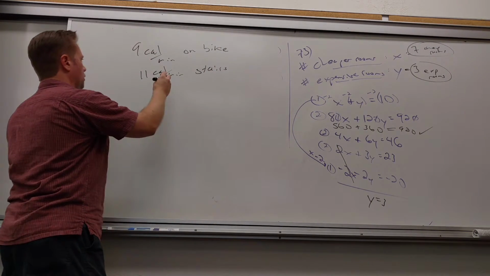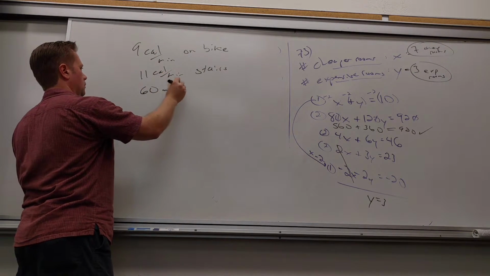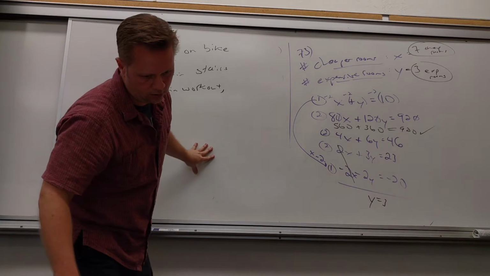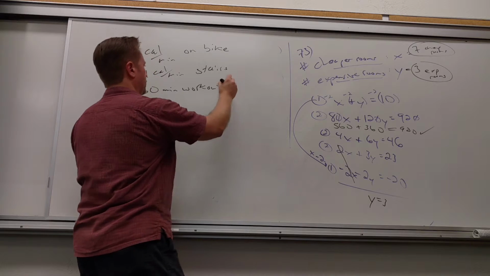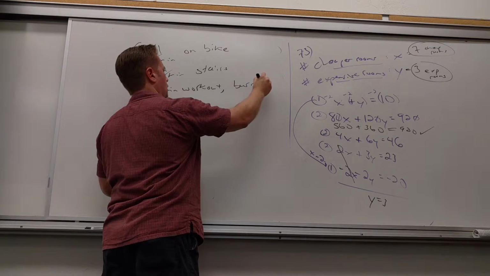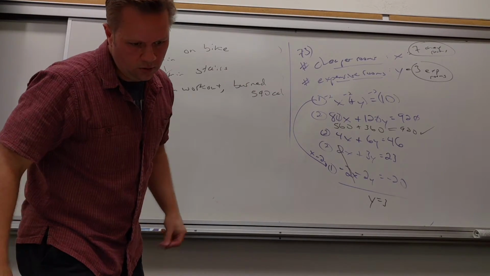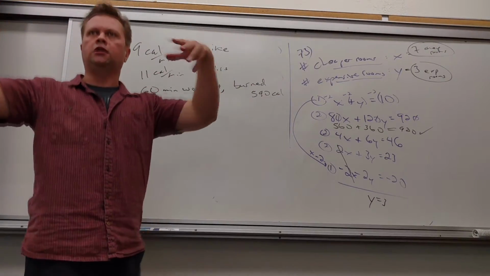In a 60-minute workout, the athlete burned 590 calories. How many minutes does the athlete spend on each type of equipment?